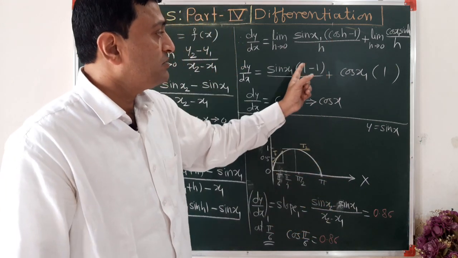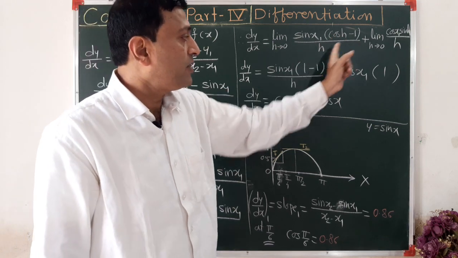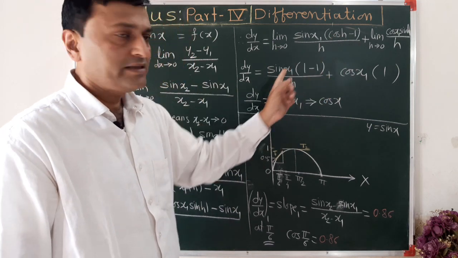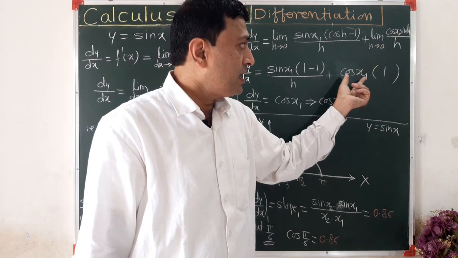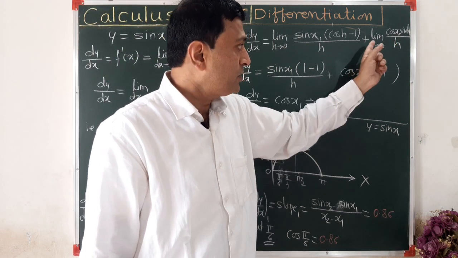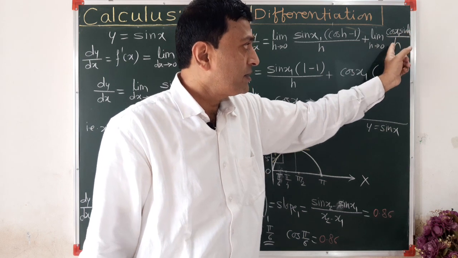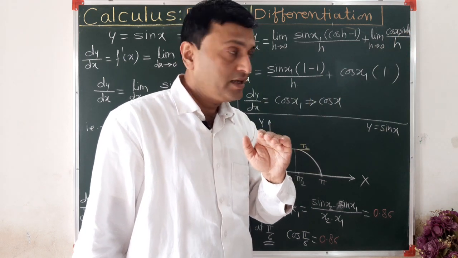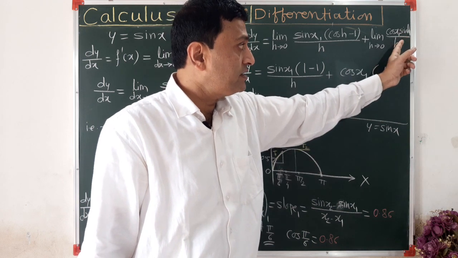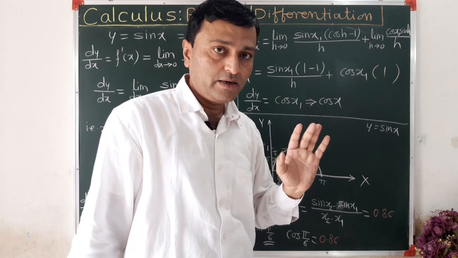That is why cos h becomes 1, then 1 minus 1, and h as it is. Here cos x1 as it is, and h is not 0, it is very small. Then you can say sin h upon h is equal to 1.